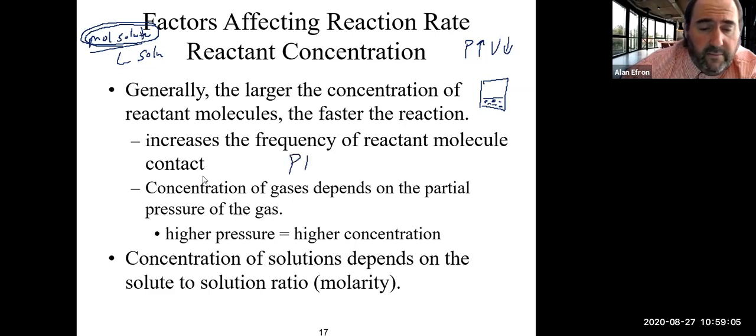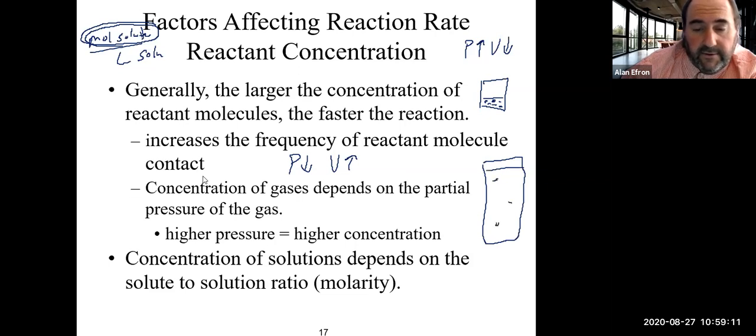If you had a low pressure, the volume would be really high, so your gas molecules are in a much larger volume. It's going to take a little longer for them to fly around and come in contact with each other, and that's obviously going to affect the rate of a reaction. It would probably slow it down in that case.